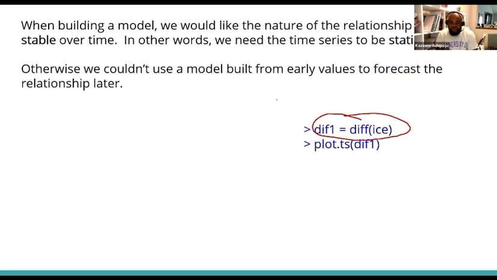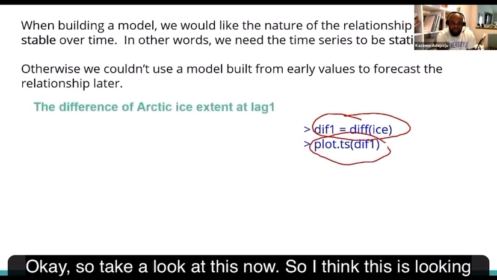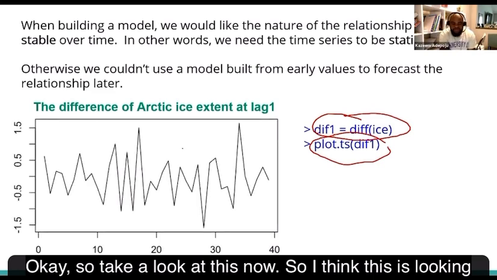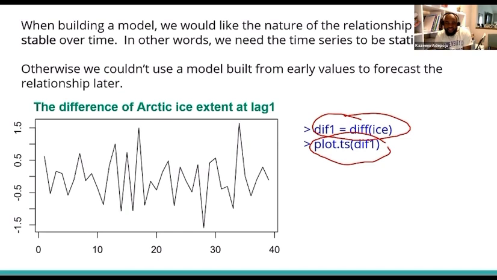When I difference at lag one, I generate a plot again to see. Take a look at this now. I think this is looking stable now. It is only when you realize stability in the process that you can think of fitting a time series model. Otherwise, like I said, it's going to be an exercise in futility.